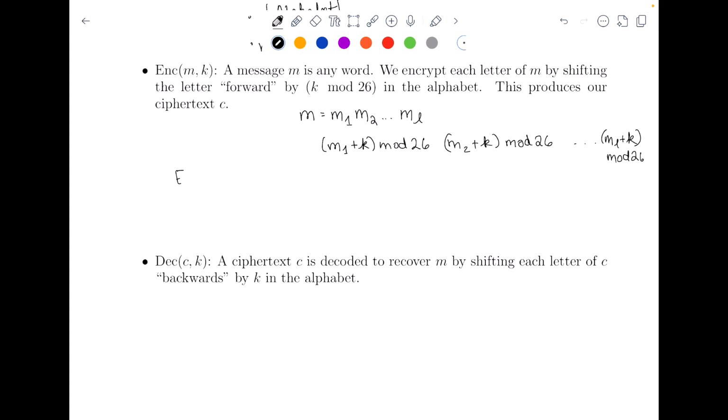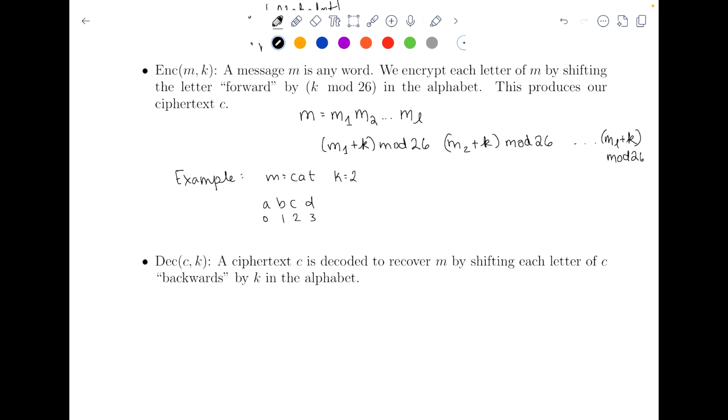So for example, let's say I had M and I want to have cat. And I'm going to say K is equal to 2. Then shifting everything forward by 2 letters, thinking about A, B, C, D. I know A is 0, B is 1, C is 2, D is 3.